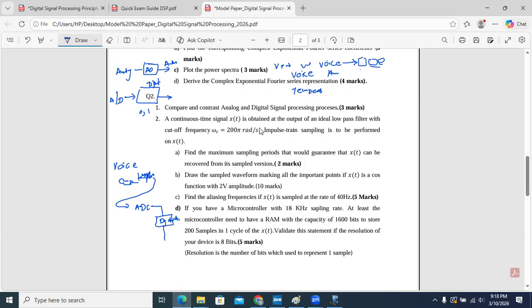Then the digital signal you can't directly feed to the speaker. Before feeding the speaker, you need to convert the digital signal into analog. For that, you have to use a digital to analog converter, DAC. Then you can feed it to the speaker.